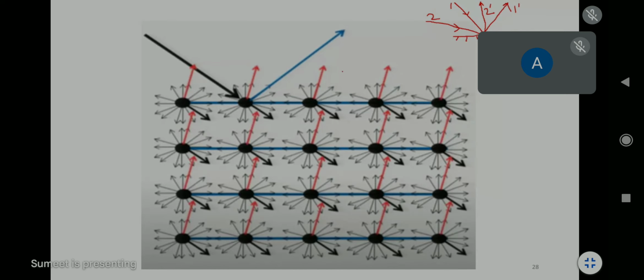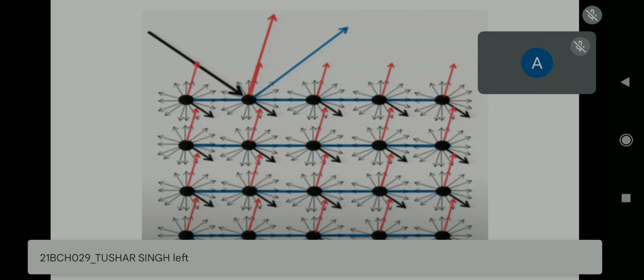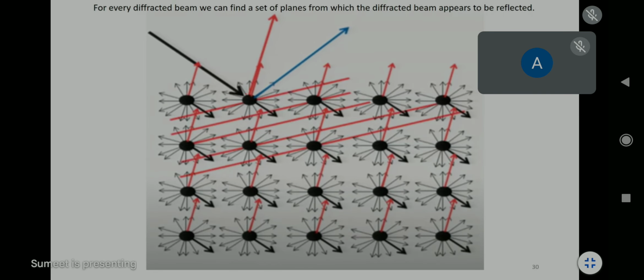This is what I wanted to show you from this figure also, that for the red arrows, there will be a different set of planes from which it will appear to be specularly reflected. And maybe these are the planes from which it is appearing to be reflected.